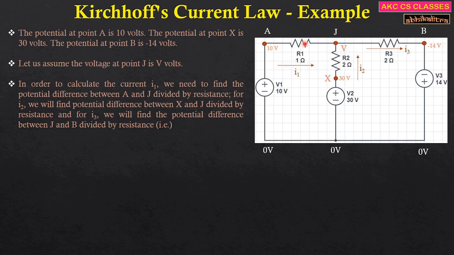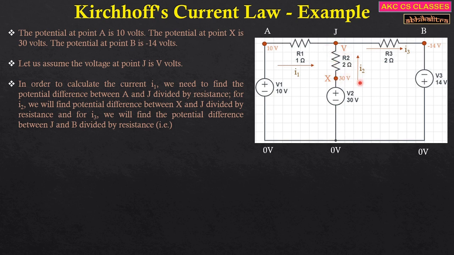So in order to find the current in this particular wire, we will subtract 10 V minus V. We have assumed that V is the voltage at junction J. So it is 10 minus V divided by 1 for A to J, right?